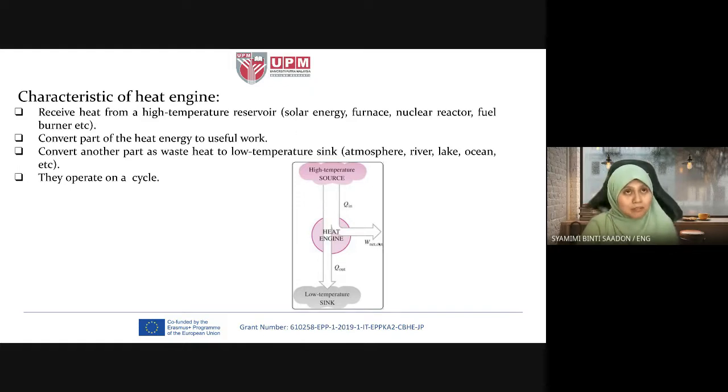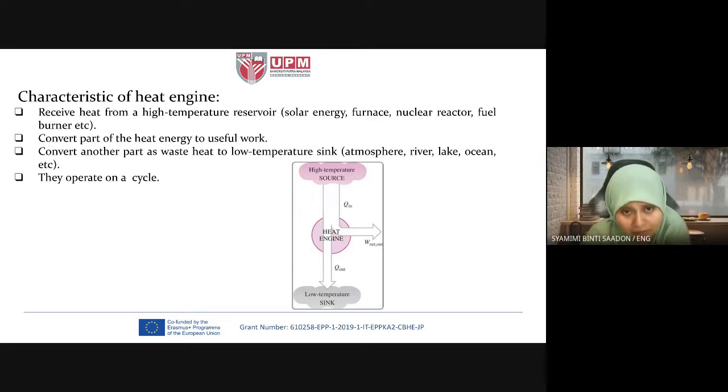For example, if we have an engine that can only work at 60% efficiency, and the heat source from the furnace or the solar energy is, for example, 100 watt, you have 100 watt of heat source, 100 joule of solar energy.